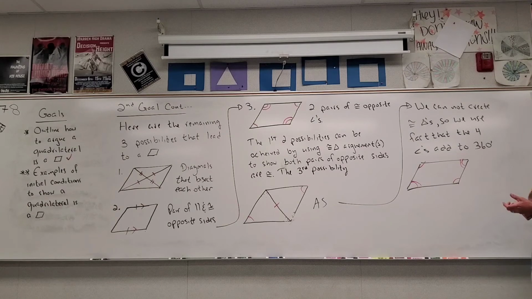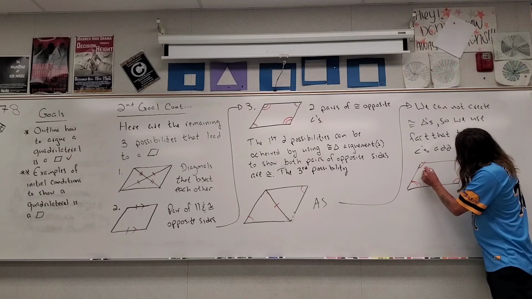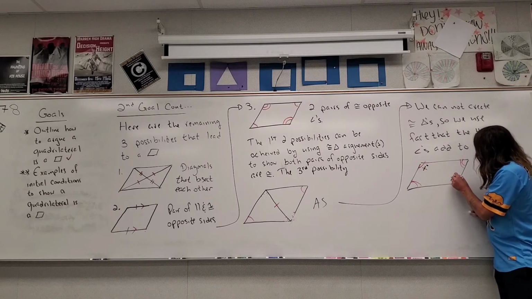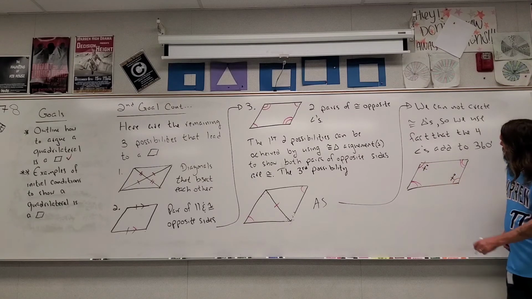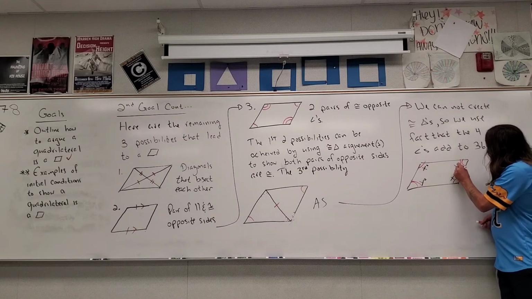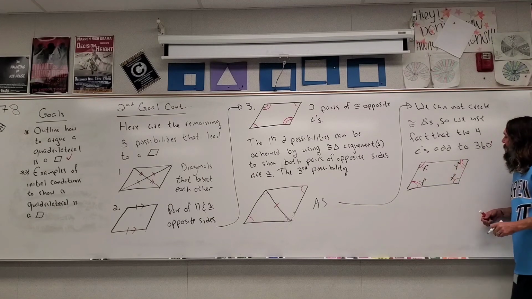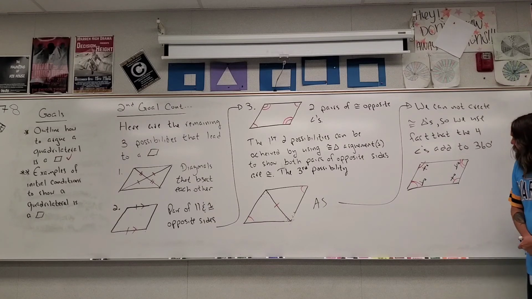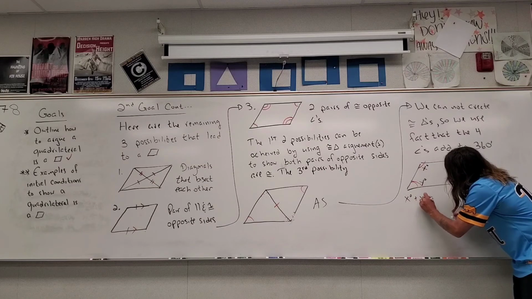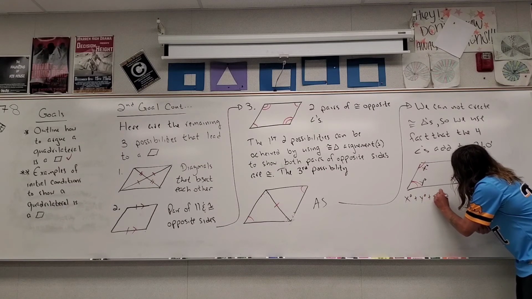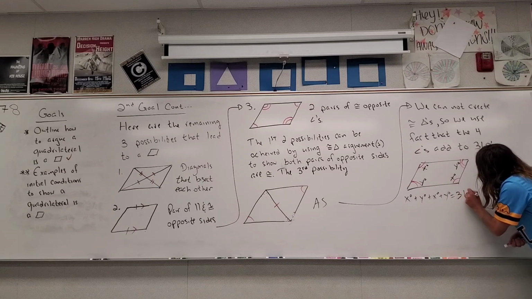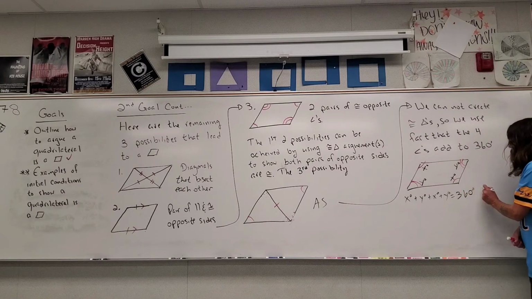But if I call this angle measure x degrees, this also has to be x degrees. And if I call this angle measure y degrees, then this also has to be y degrees. So I can write my equation as x degrees plus y degrees plus x degrees plus y degrees, and I know for a fact that they add up to 360 degrees.